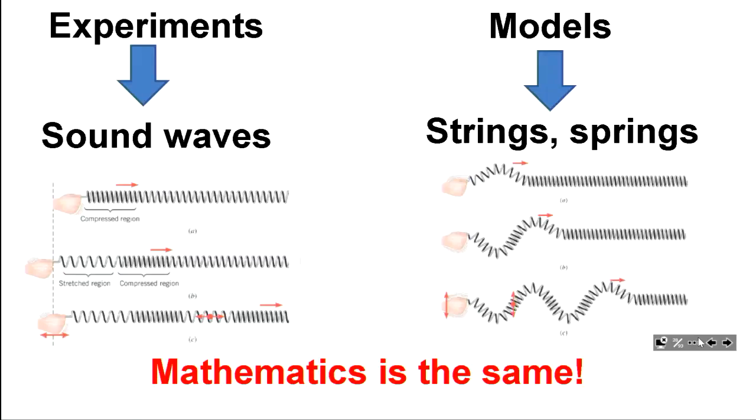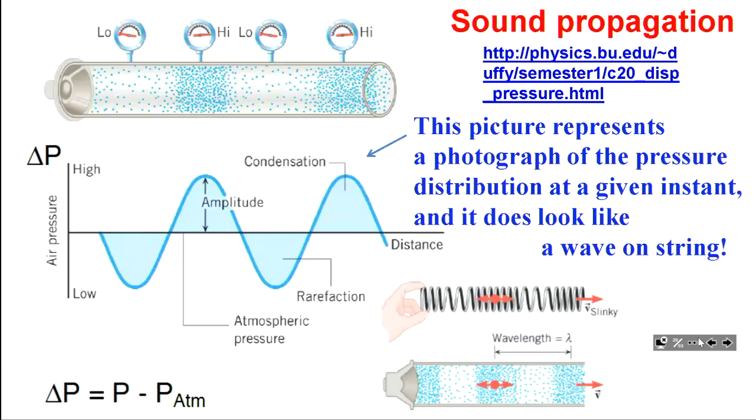So instead of imagining sound waves, we will be imagining the waves on the strings, on the rope, because it's easy. But mathematically, there is no difference, of course. Mathematically, the equations are the same. So everything we say about one type of a wave automatically is correct about another type of a wave, back and forth. Sound wave is invisible, but can be heard.